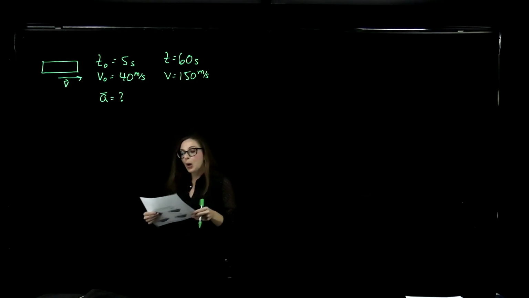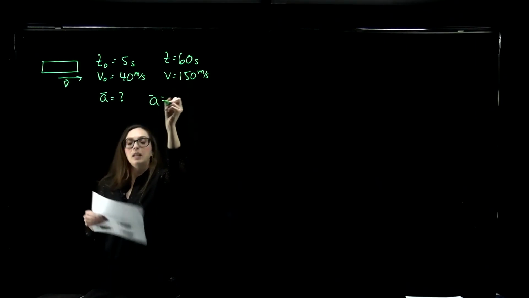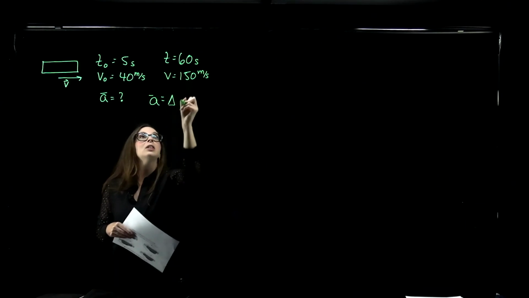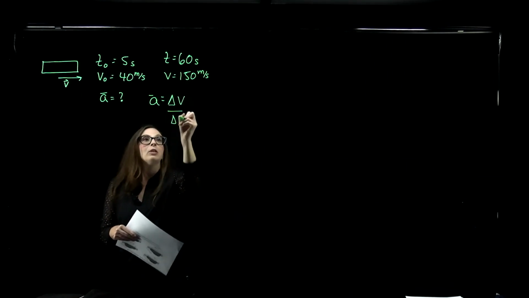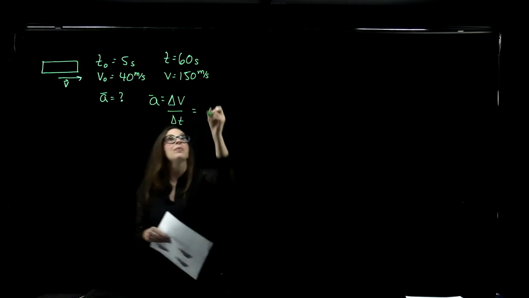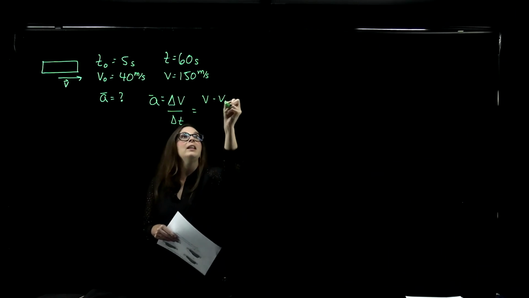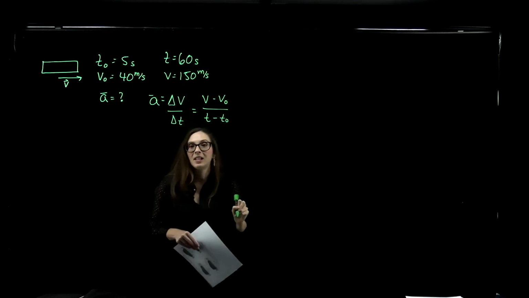So the equation for average acceleration is our change in velocity over our change in time. So this is going to be v final minus v initial over t final minus t initial.